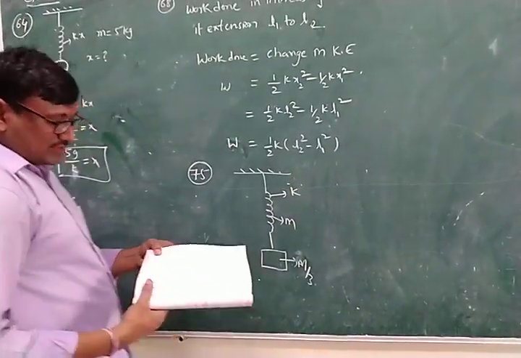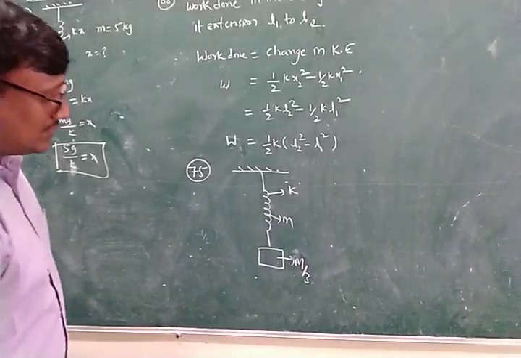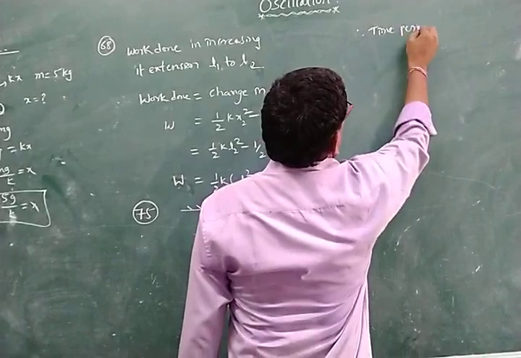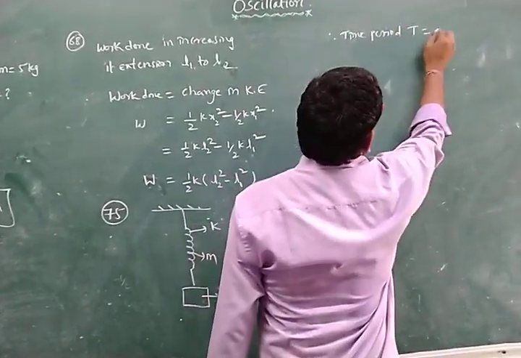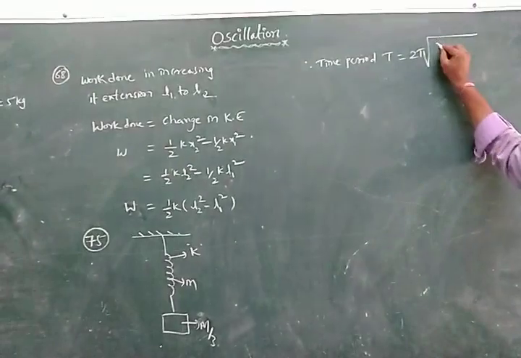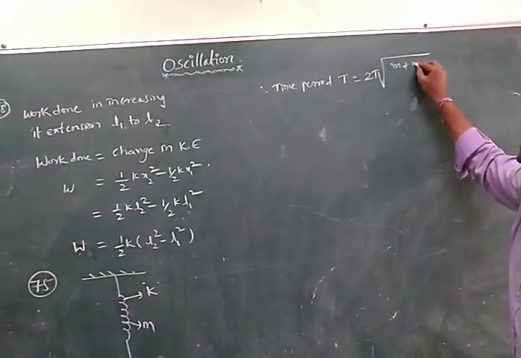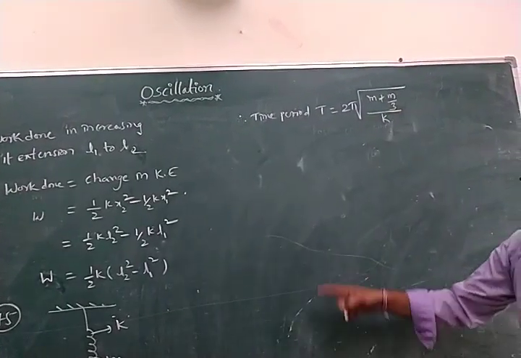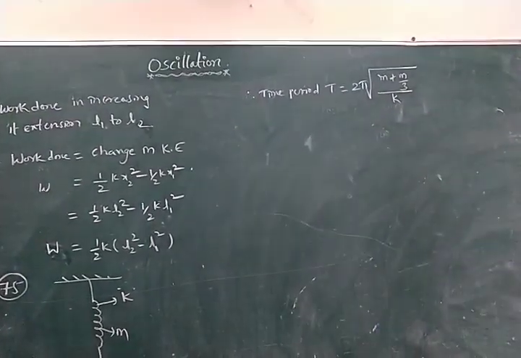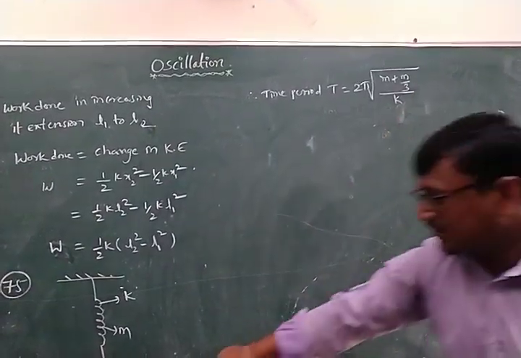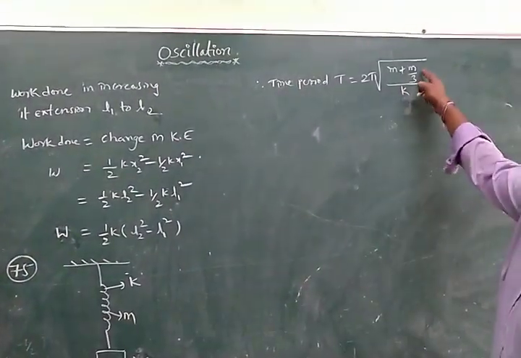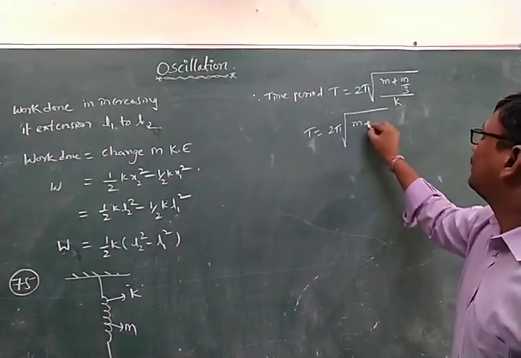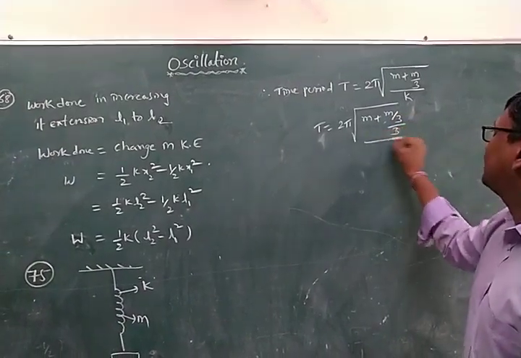The system is set in oscillation. The time period T is equal to 2π into under root of M plus m by 3 by k. This is the formula when a weighted mass is attached to the spring. But here the mass is given as m by 3. Now substitute: T is equal to 2π into under root of m plus m by 3 by 3 by k.